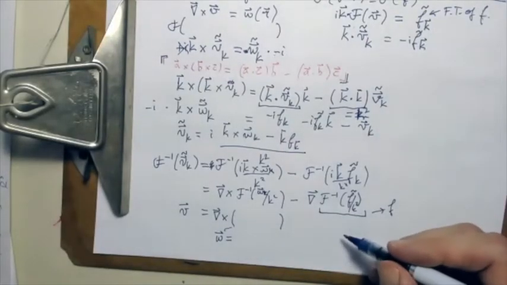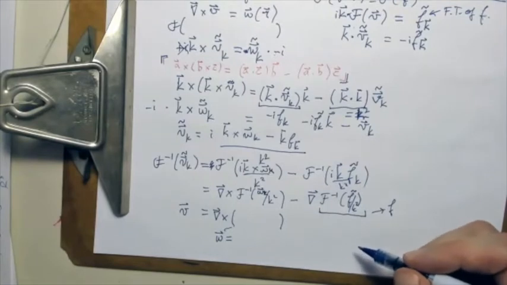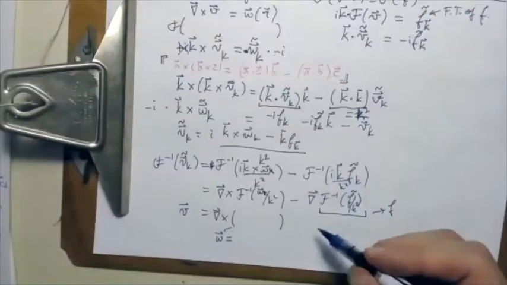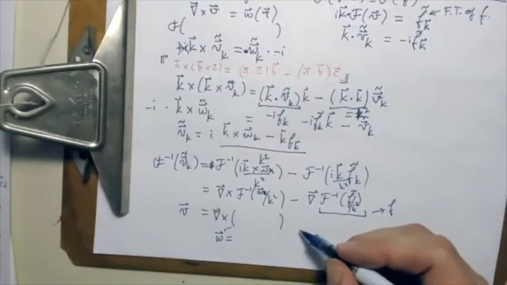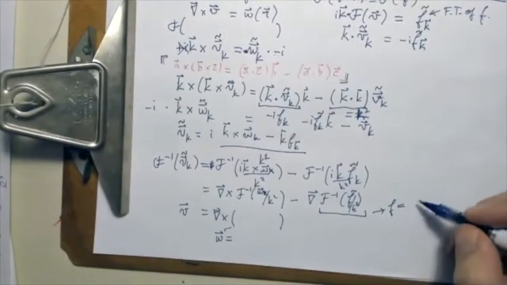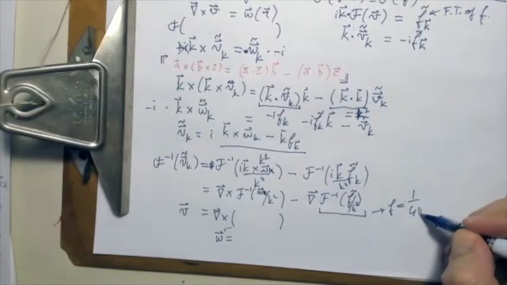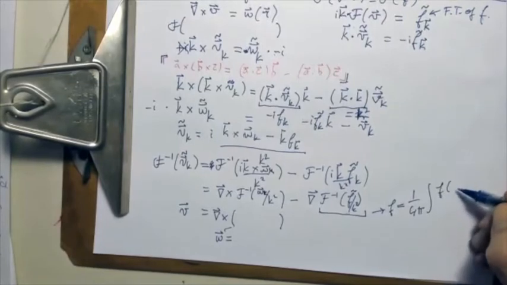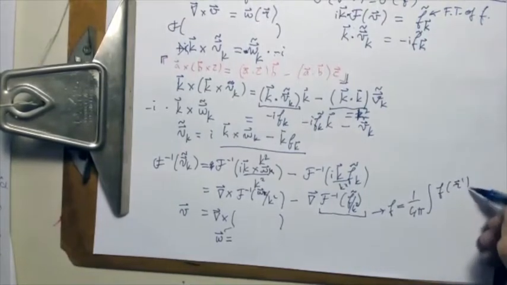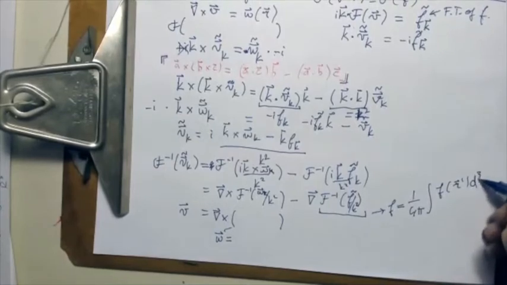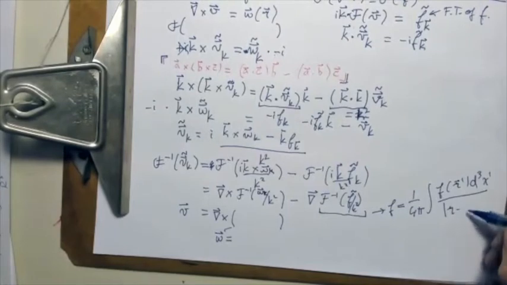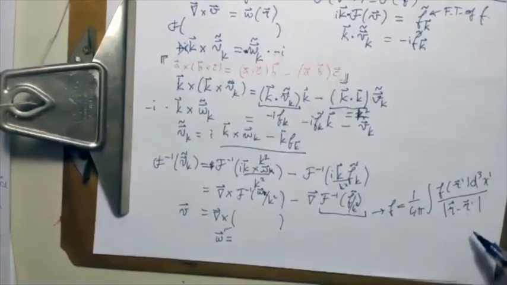So then in the end, you get a convolution integral, which looks a little bit messy, but you get a convolution integral for this one, which is going to be that F d3x prime over the distance. Okay, so that's our first one.